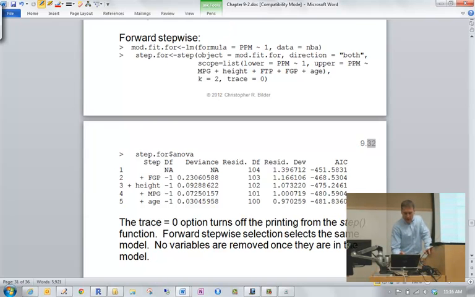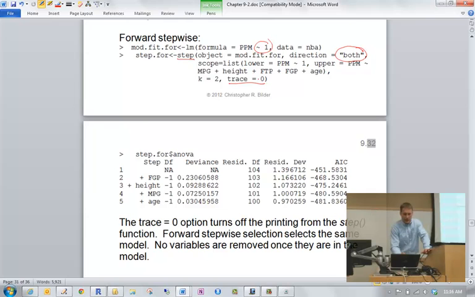Simply, I estimate a model that has no predictor variables in it to give it a starting point. Then I use the function step again. The main difference from what we've seen before is now I have direction equal both. And just to illustrate something here, I put trace equals 0. What that tells R is I don't want to see every single step given out, as you see on, for example, page 929.